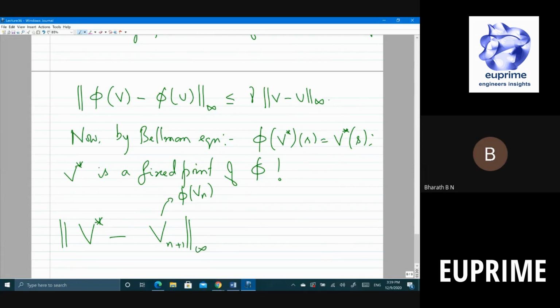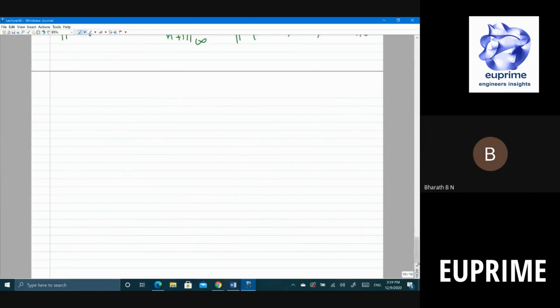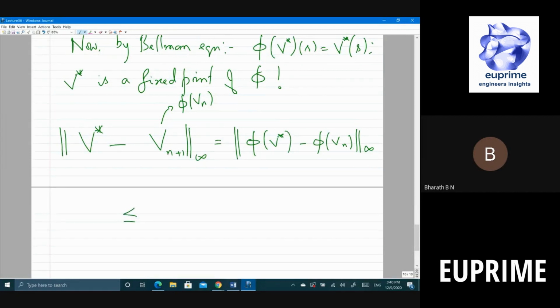Okay, so what is this? I can write v star as phi of v star, right? Because it's a fixed point. And vn plus 1 as phi of vn, right? Infinity norm now. Do you agree? Yes, sir. This difference is at most nu times v star minus vn infinity norm.